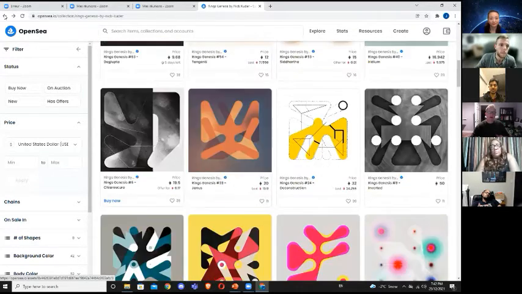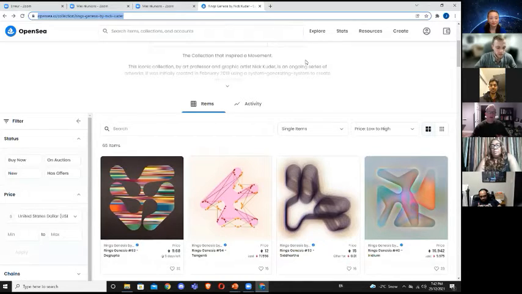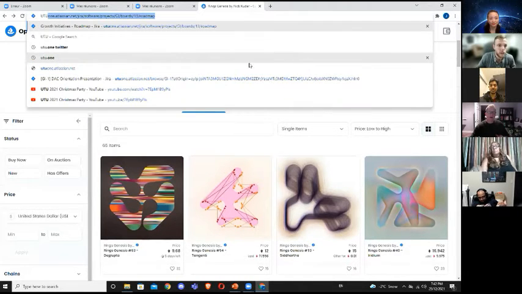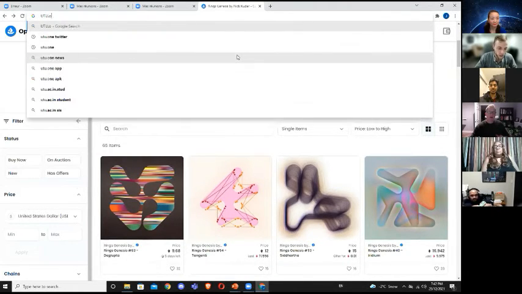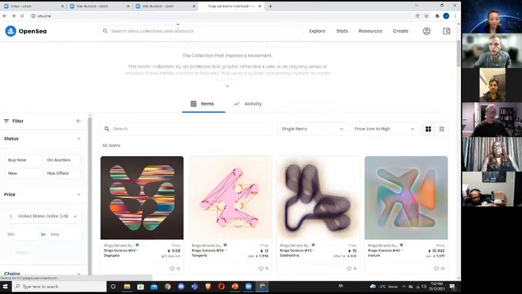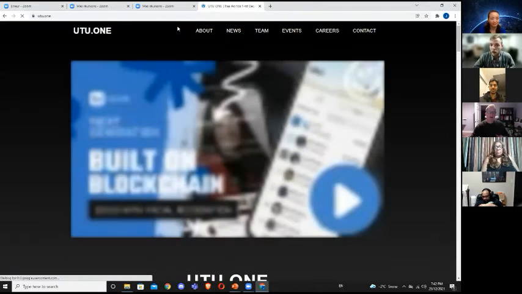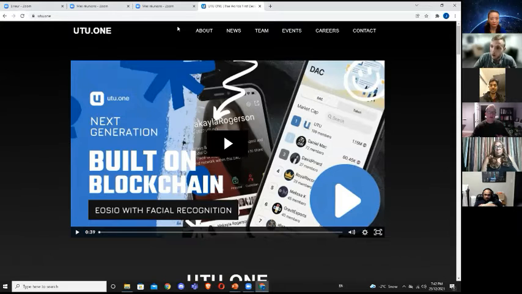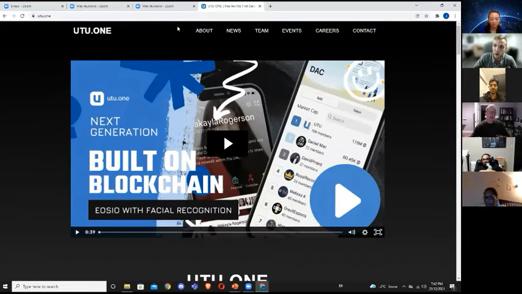Absolutely. And then I would be remiss if I did not also mention UTU in this, because while UTU is not primarily about NFTs, we do provide NFTs on our platform, and you can actually mint all of your NFTs for free. There are very, very low fees.